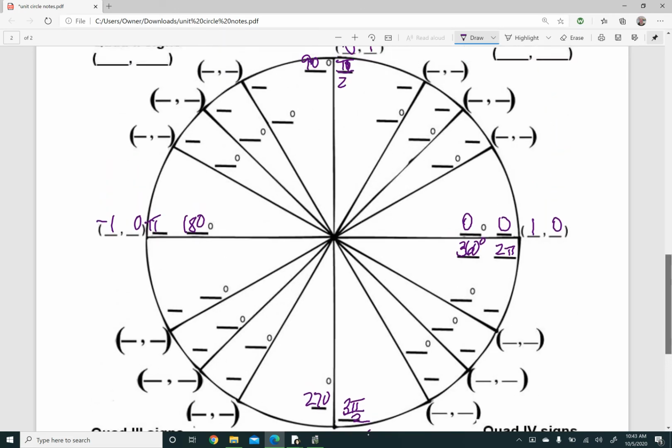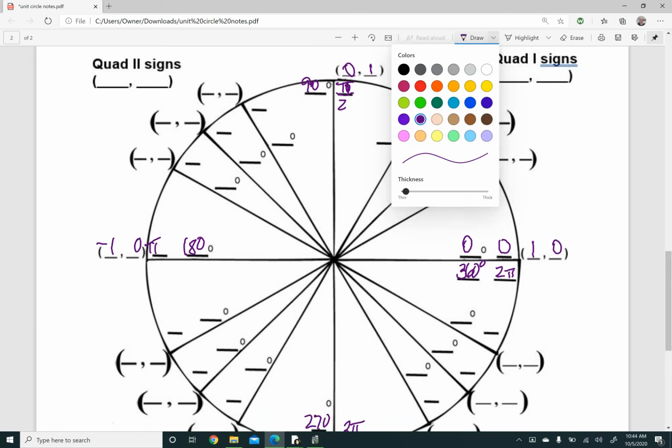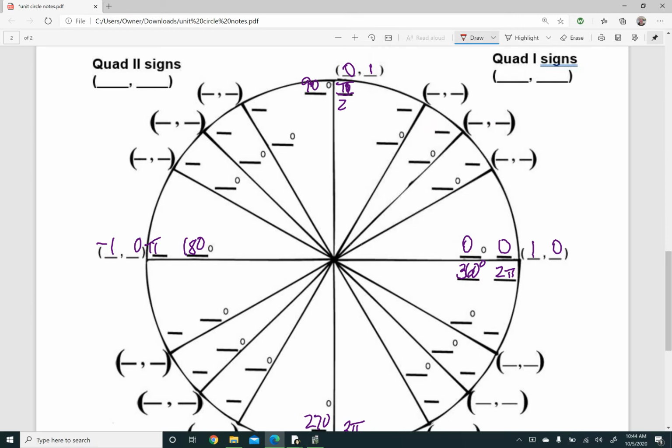Now, let's start with our pi over 4 circle. Our pi over 4 circle is all the middle ones. So that's our 45 degrees or pi over 4 here in the middle.